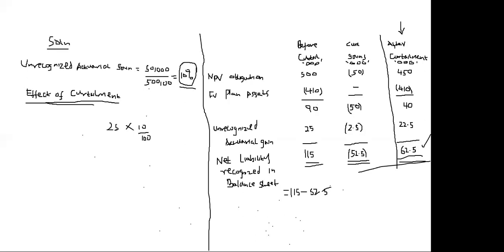Okay. Now we have curtailment and settlement. Now, curtailment occurs when maybe a company decides to reduce the benefit to the members. That is the first case.